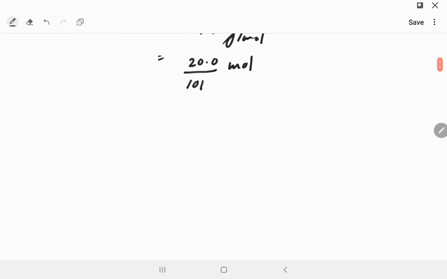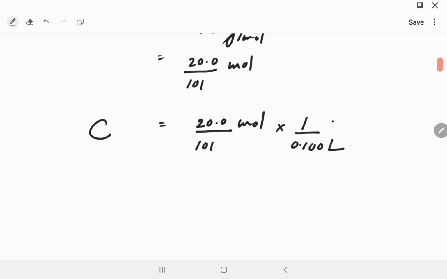Once you know that, you can figure out the concentration, which is basically the number of moles divided by the volume, which is 0.100 liters.